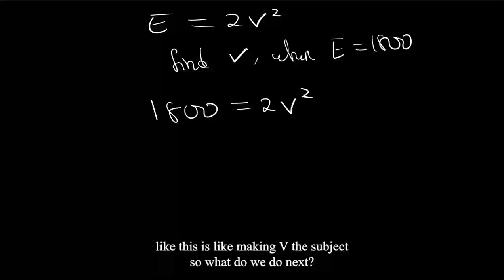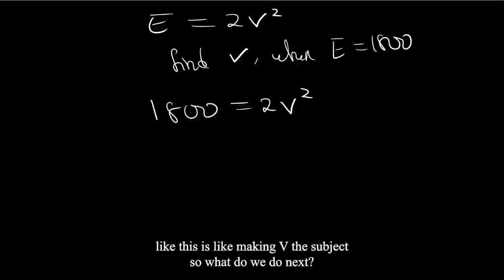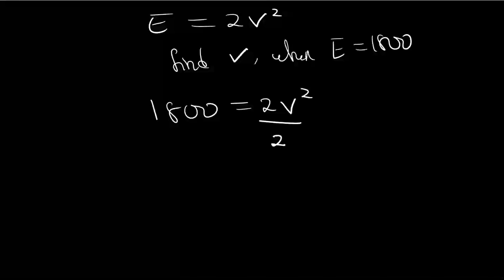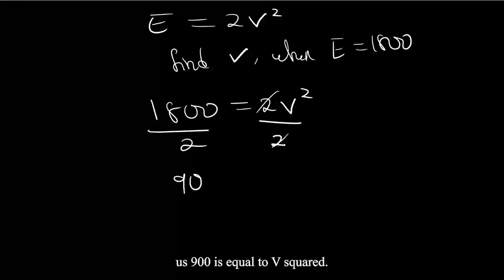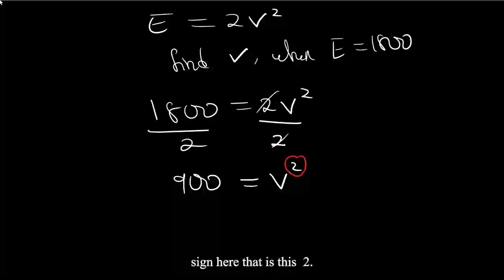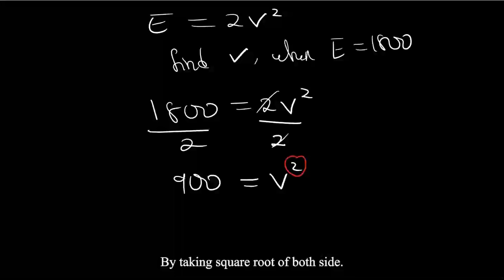We are solving for V, making V the subject. So what do we do next? We divide both sides by the coefficient of V squared, that is 2. This gives us 900 equal to V squared. To get rid of the square, we take the square root of both sides.